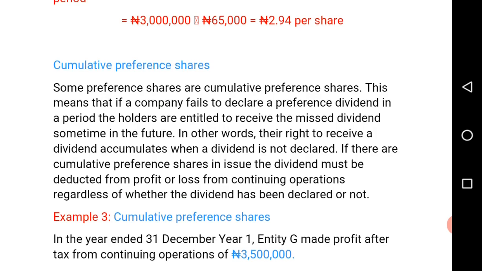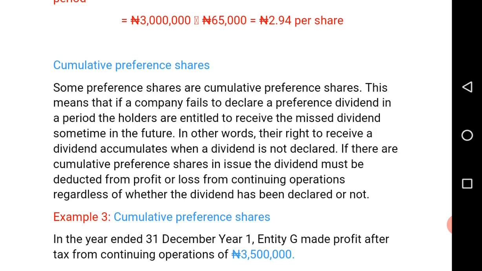So if the company fails to declare dividends to the cumulative preference shareholders, they have the right to receive the dividends in addition to their future dividend payments. In other words, their right to receive a dividend accumulates when a dividend is not declared.